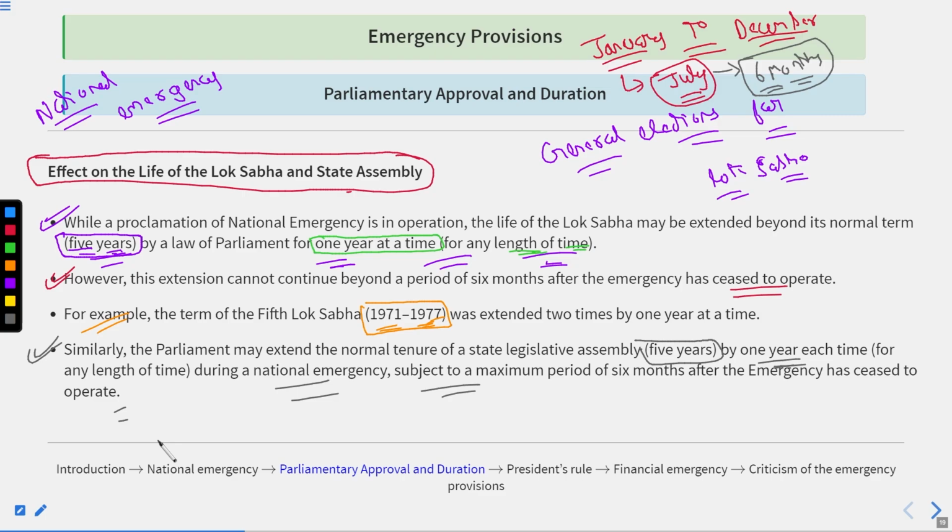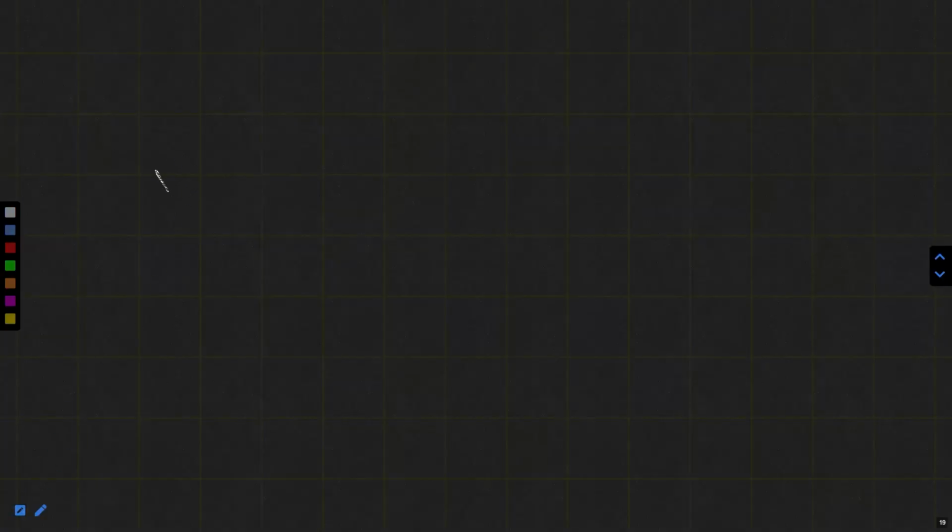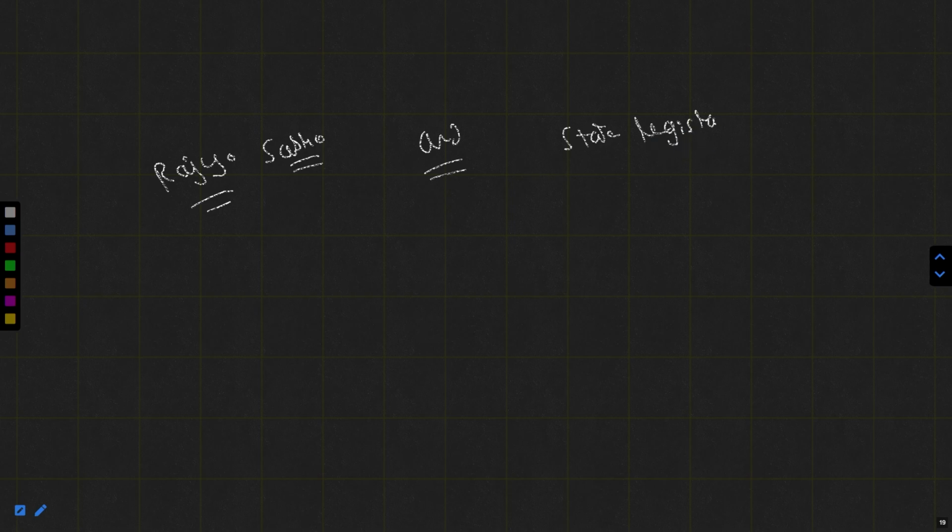All right. Why are we not talking about the Rajya Sabha and state legislative council? Why are we not talking about it?